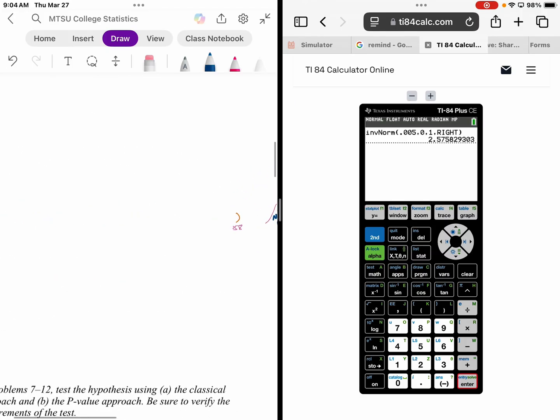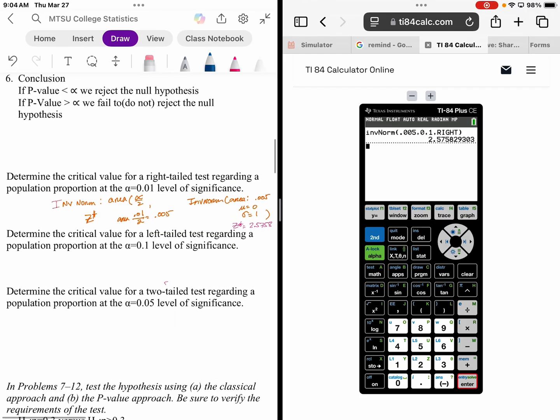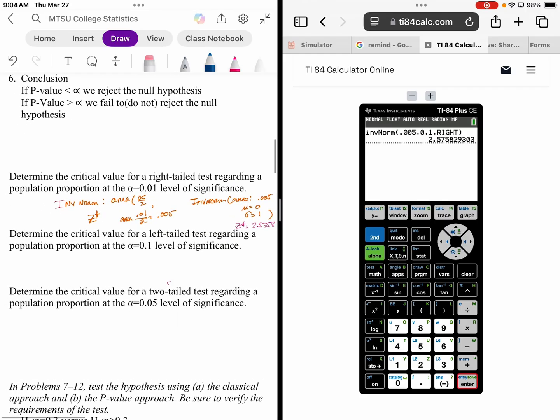Again, we can do the same for the next one, because I believe you have a couple of these on your stuff. So I'm going to do 0.1 divided by 2, which is 0.05. So I'm going to take the alpha and divide it by 2, and then do an inverse norm. My area is 0.05.